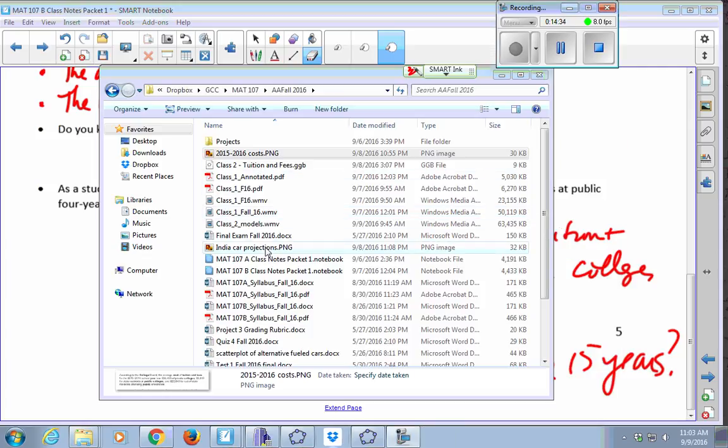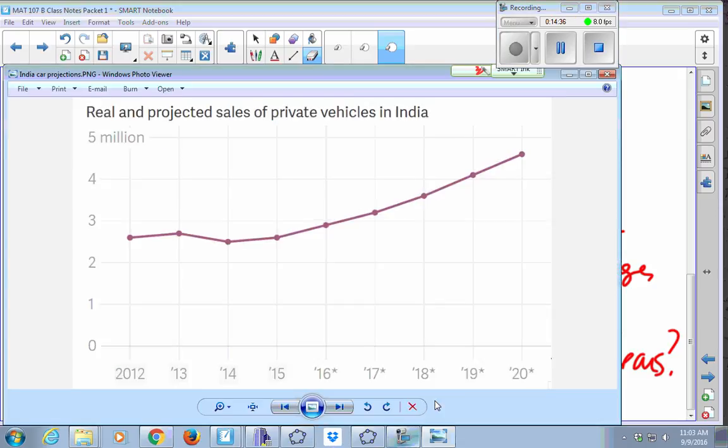And I did put something else in here: India car projections. I found this and thought it was interesting. Look at this. This is a model, which we're going to be talking about in a few minutes, because right now it's 2016, and they're using some type of model to project the number of private cars in India for the next 4 years. And as you can see, that is definitely a linear relationship.